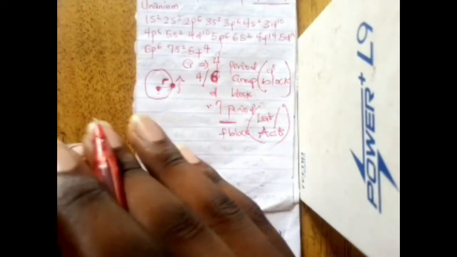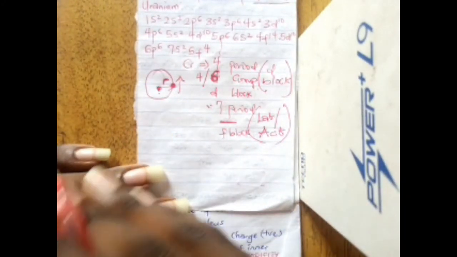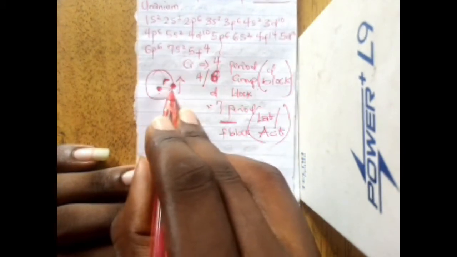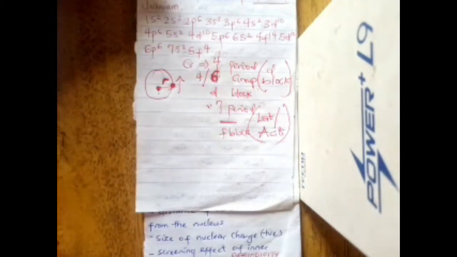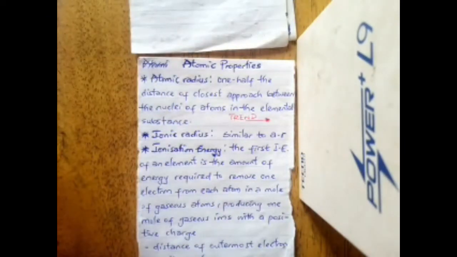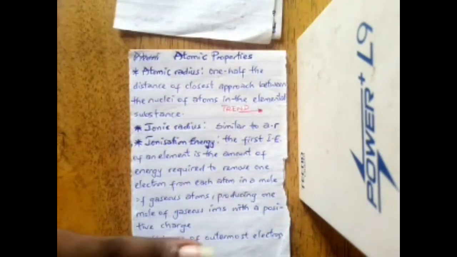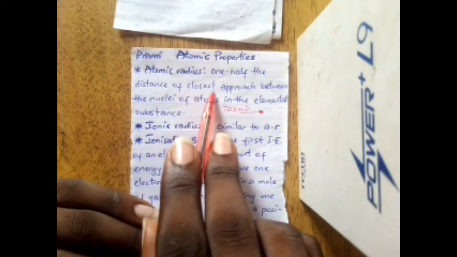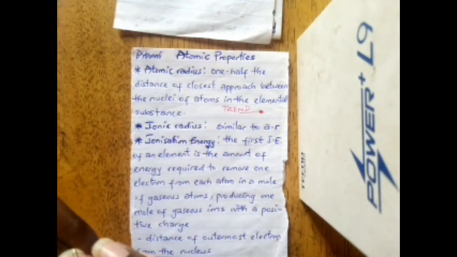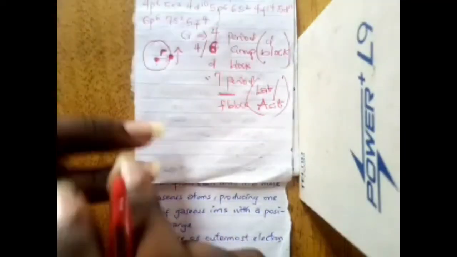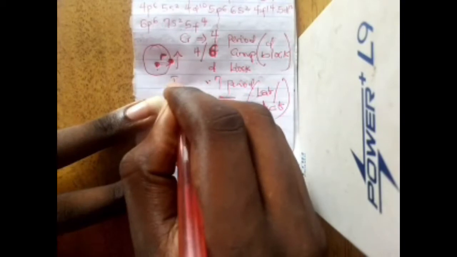Now because these electrons are constantly in orbits around the nucleus, it will be very hard to predict the radius of this atom. So that's why the definition of atomic radius came as a discovery that the atomic radius is 1/2 the distance of closest approach between the nuclei of atoms in the elemental substance. Now using this, they used the iodine element as a simple basis.